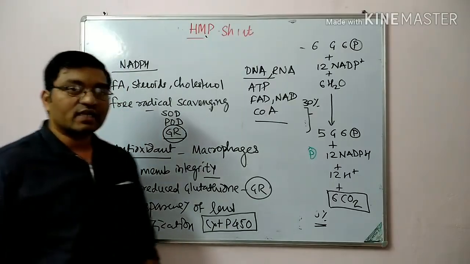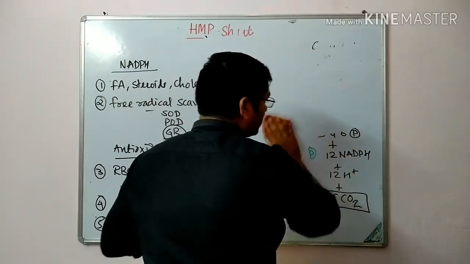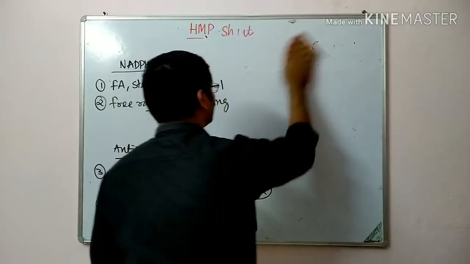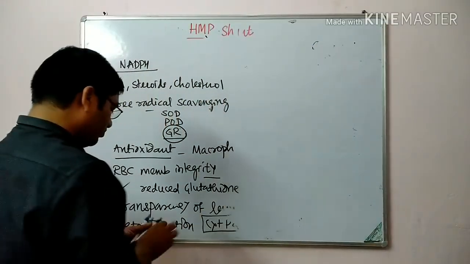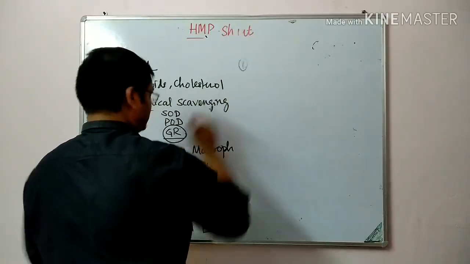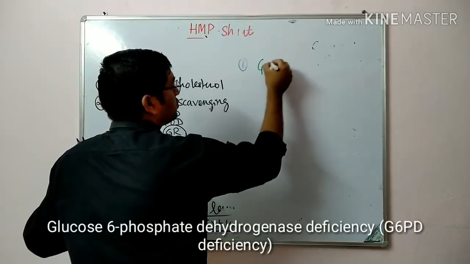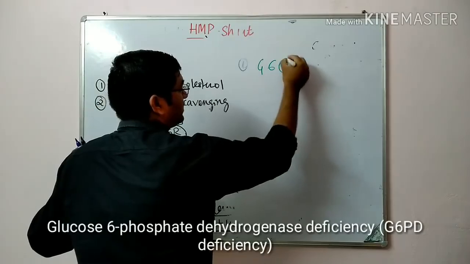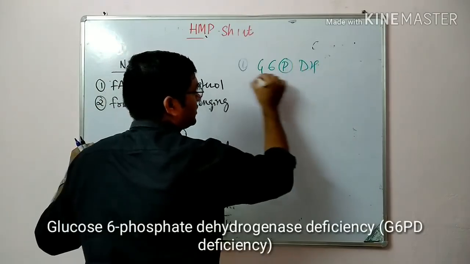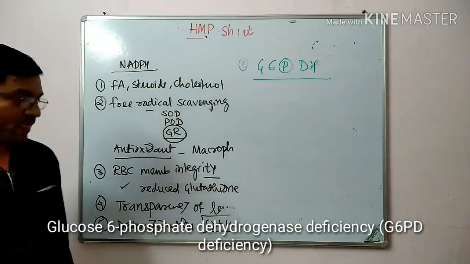Then coming to the clinical significance of this HMP shunt, meaning disorders or diseases related to the HMP shunt. The first important one is glucose 6-phosphate dehydrogenase deficiency, known as G6PD deficiency.